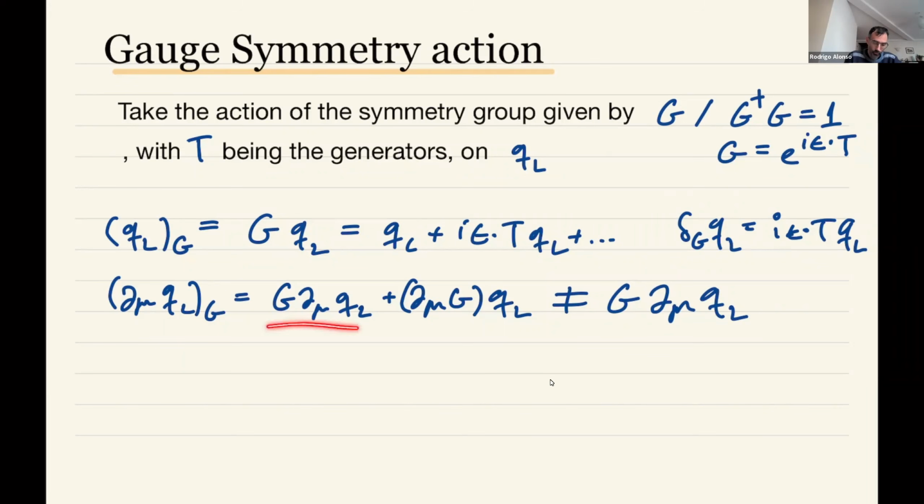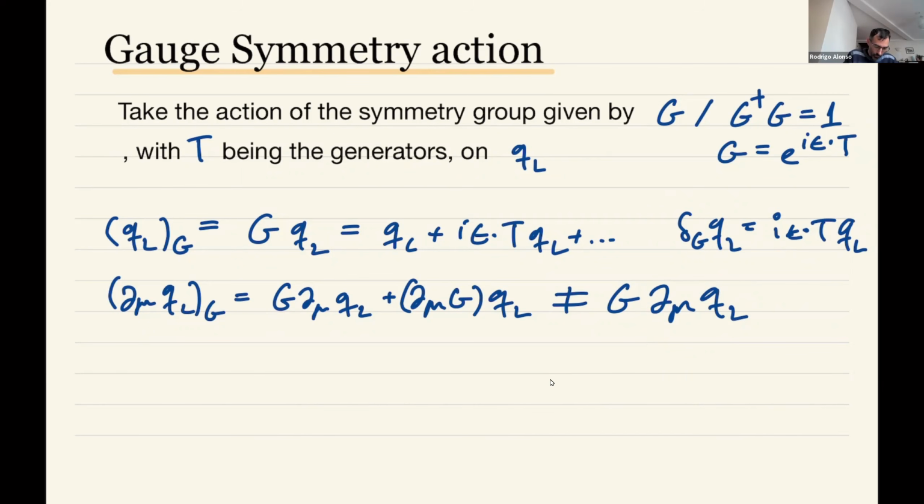We'll have the derivative of the transformed quark doublet, but also a derivative of the group element, because this is a gauge transformation, so these epsilon parameters depend on x. And that doesn't transform as we want it to, with just the group element times the original object we were looking at.